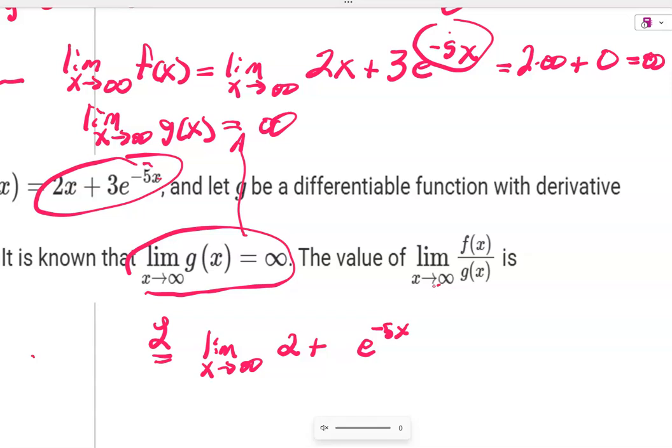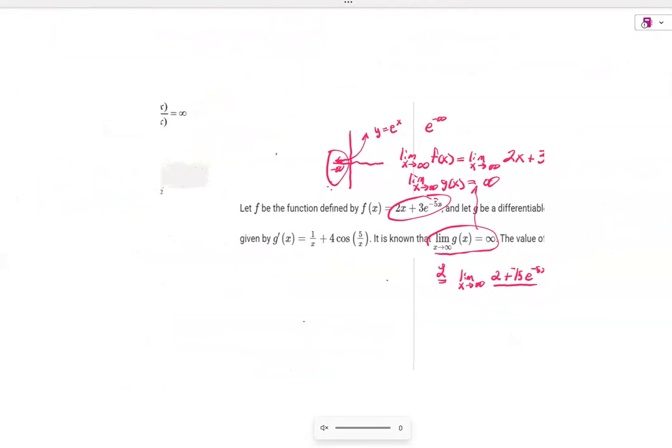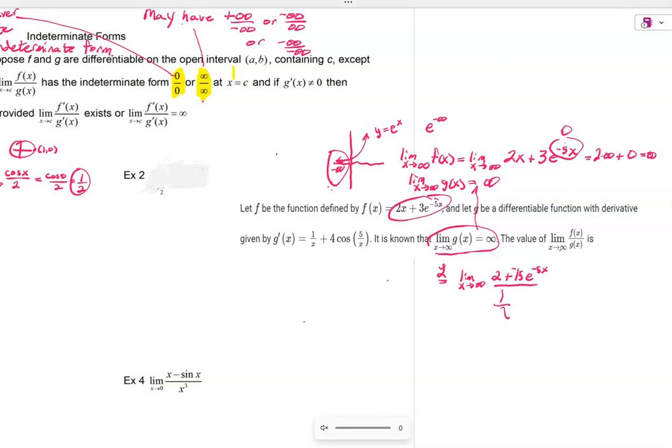But by the chain rule, a negative 5 will come out. Negative 5 times 3 is negative 15. Look at that. And then down below, g prime, wow, they told us is 1 over x plus 4 cosine of 5 over x. You can see that's what we have right down below.